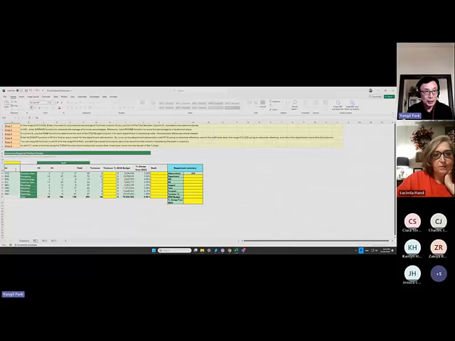Sometimes when I copy and paste, I miss those labels. Department is this one, right? This is department. And this is creation.